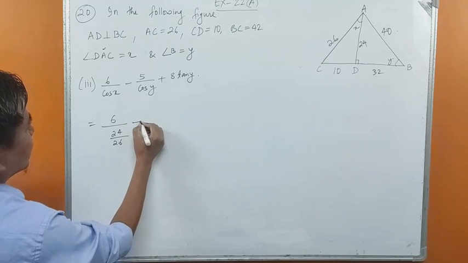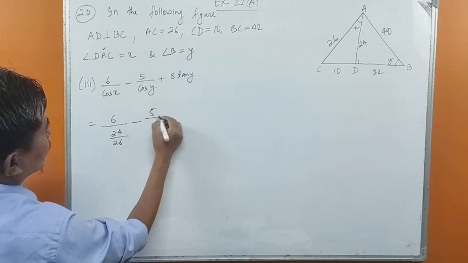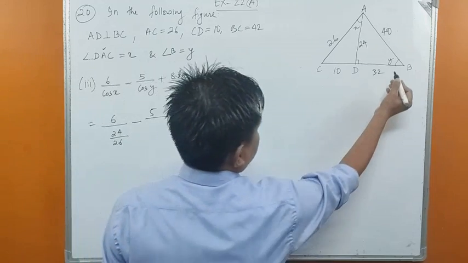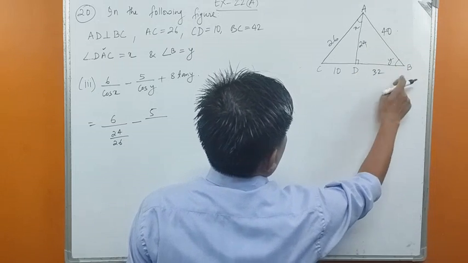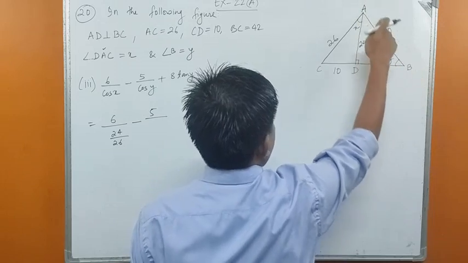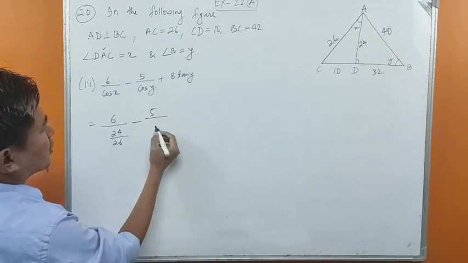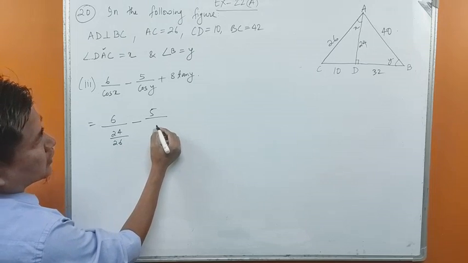Okay, so minus 5 cos y. So we are talking about this angle now. Base is BD, hypotenuse is AB, isn't it? So cos y means base upon hypotenuse.